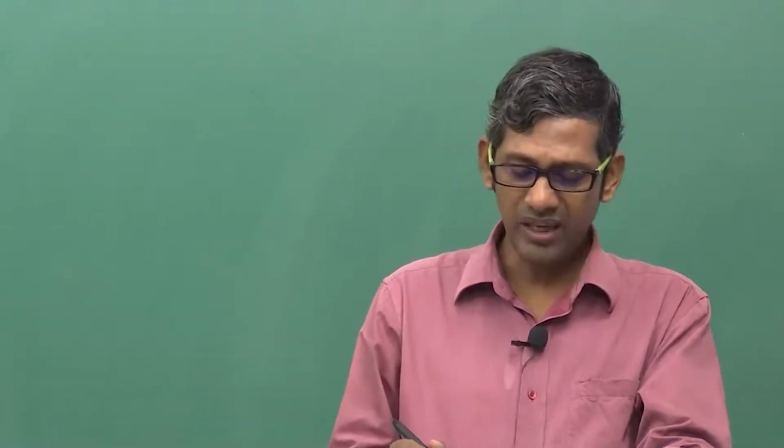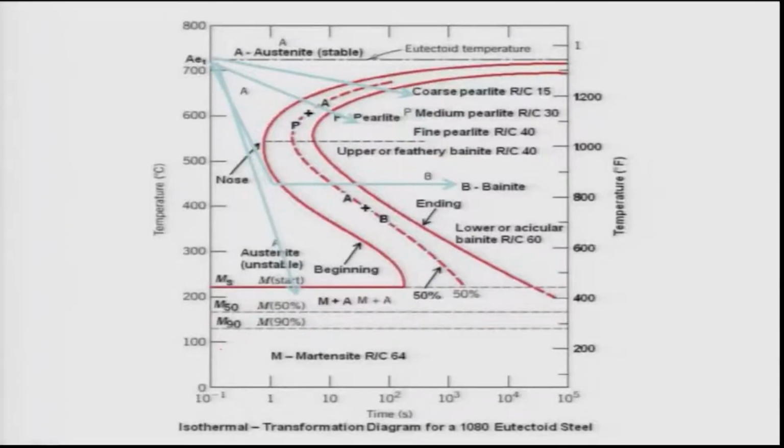As you see, there are three lines here: MS, that is the martensitic start; M50, where 50% martensite forms; M90, where 90% martensite forms. Remember, martensitic formation leads to a lot of strain in the matrix, elastic strain and plastic strain in the martensite, and this leads to an increase of the energy of the system.